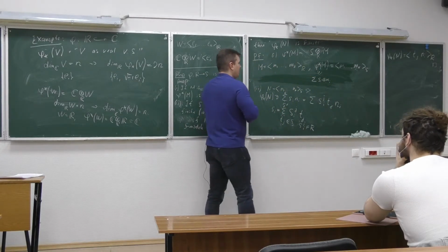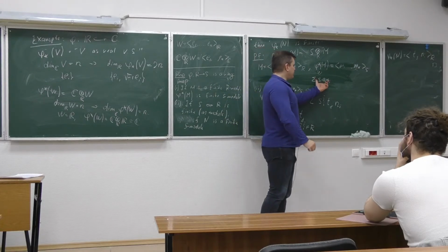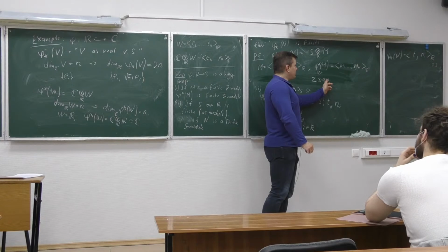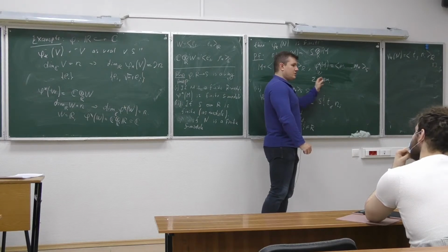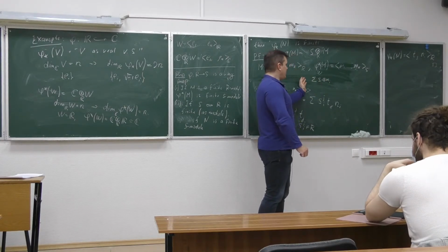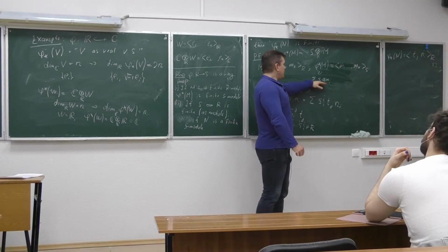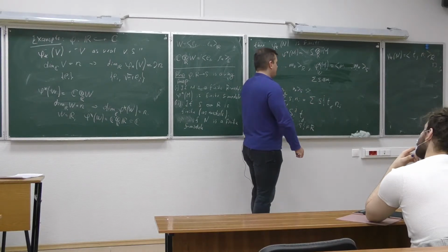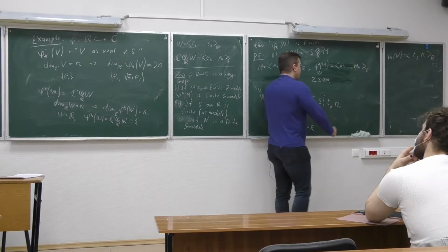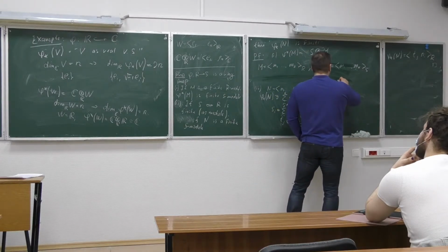But again, if I have a sum of simple tensors, I can always assume that the second element is just a generator, because otherwise I just decompose it into a sum of generators and rewrite any sum of simple tensors in this way. So any tensor here looks like this. But this is exactly how we defined it.